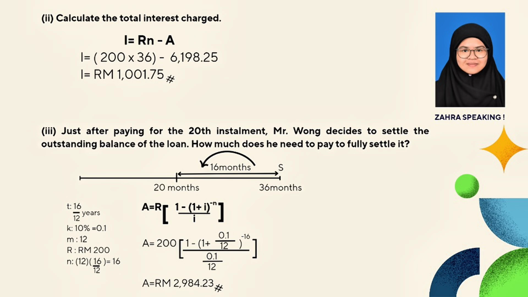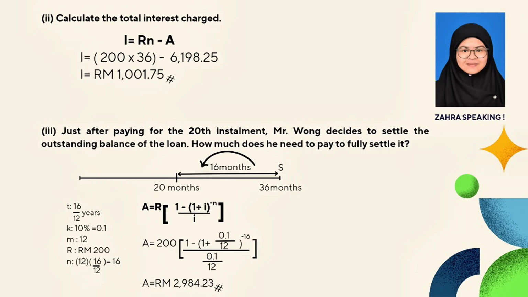So we are going to get 16 months, and that is the T value. To get the T value, we are going to use 16 months over 12. So we are going to use that in the N formula, which is M times T. To get N, we are going to times 12 times 16 over 12, and we are going to get 16.